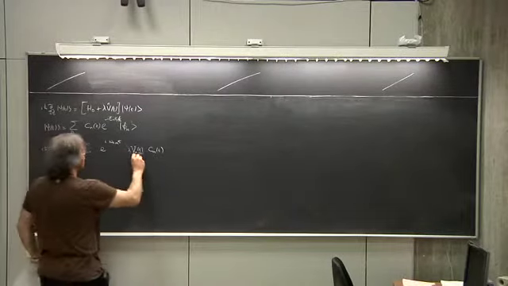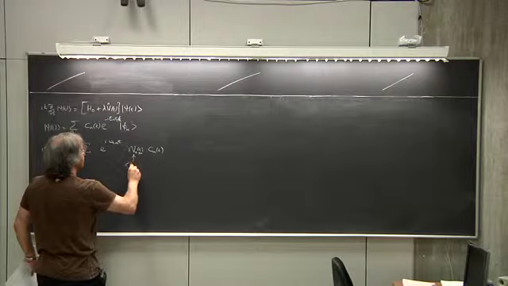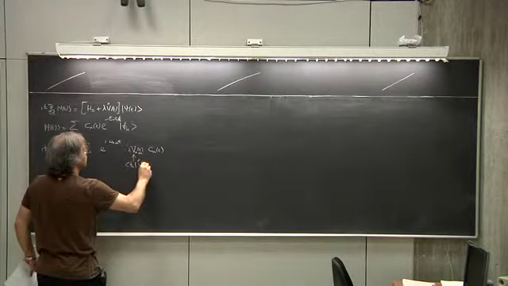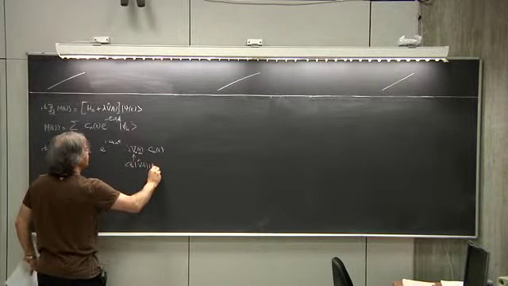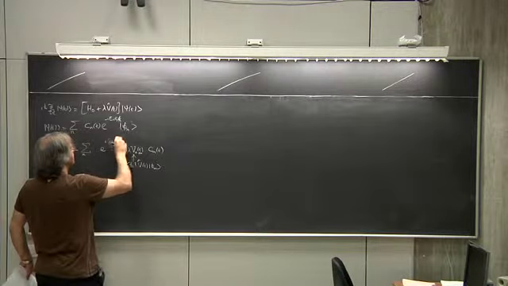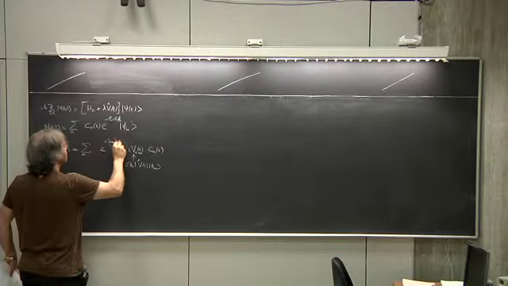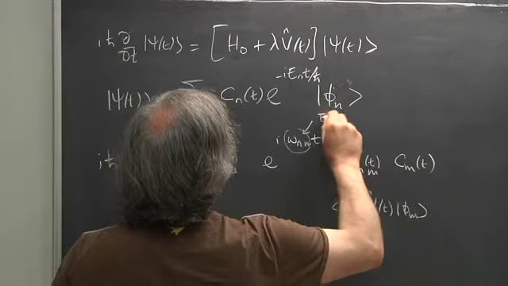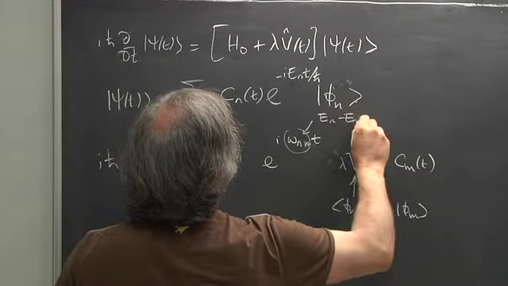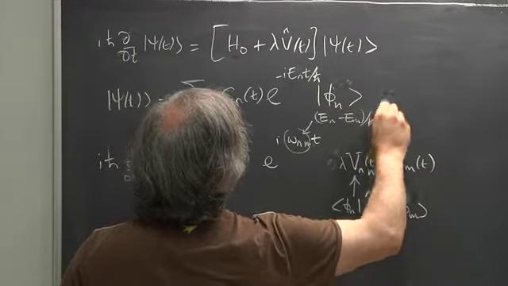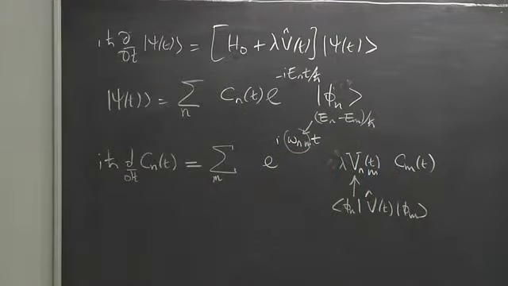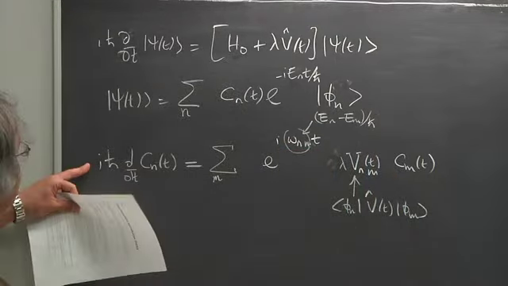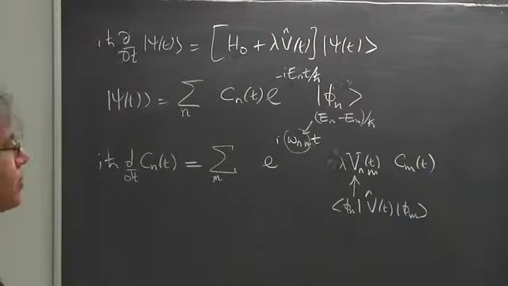So these objects are phi n V of t phi m. And similarly, these excitation frequencies are just En minus Em divided by h bar. Okay? So in this way, this is totally equivalent to the Schrödinger equation.